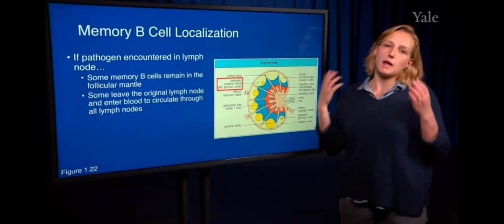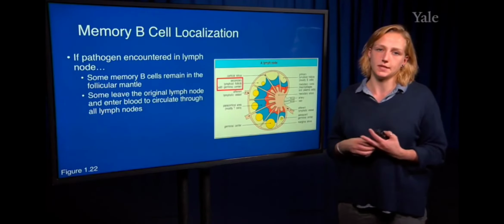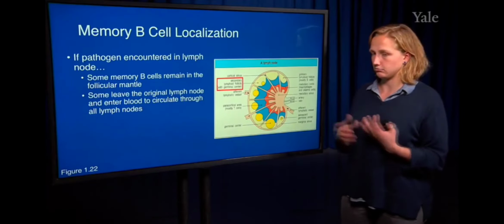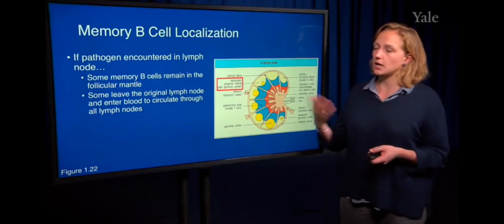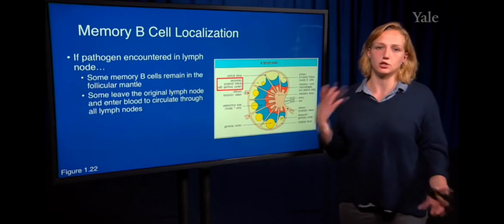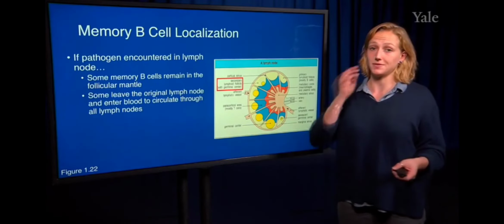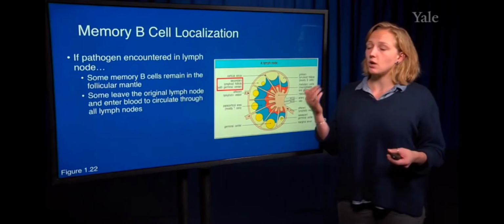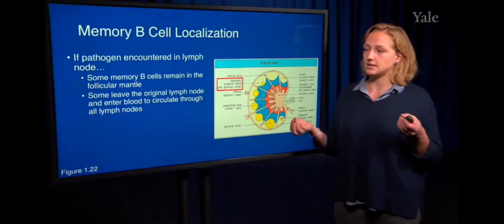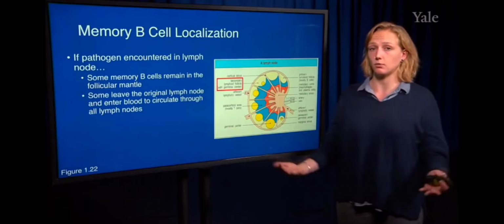So when a pathogen is encountered in the tissue, most of the antigen-presenting cells that will present the pathogen epitopes will migrate to the closest lymph node, but you can have a pathogen invade a tissue all over the body. So if you were to form a memory B cell response, say in your neck, you would want to make sure that these B cells that could then act against a secondary infection are spread throughout the body.